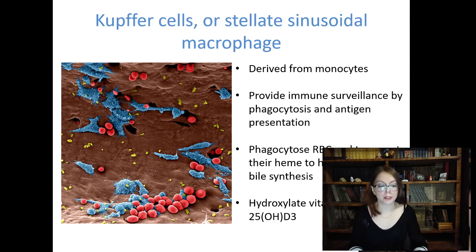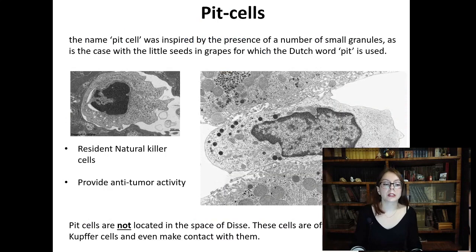So Kupffer cells are present, and they actively interact with the next type of cells, which is pit cells. They are called pit because there are dense granules in their cytoplasm, resembling little seeds inside, as it is explained in the slide. And notice they represent the fraction of resident natural killers, very important cells, as they provide the anti-tumor activity.